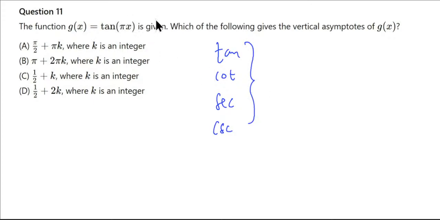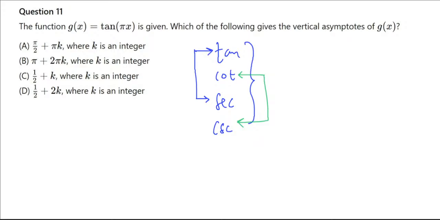At the moment, I can tell you that the condition for tan is going to be the same as secant. Both have the same conditions. And the condition for cotangent and cosecant is also the same. So even if you remember one, you're actually remembering two already. All right, so that's how it works.